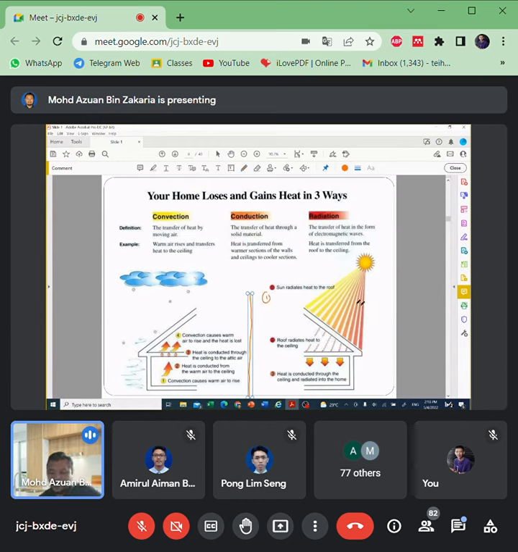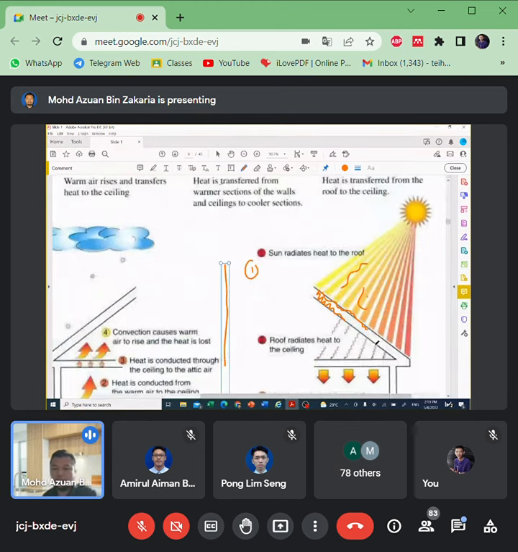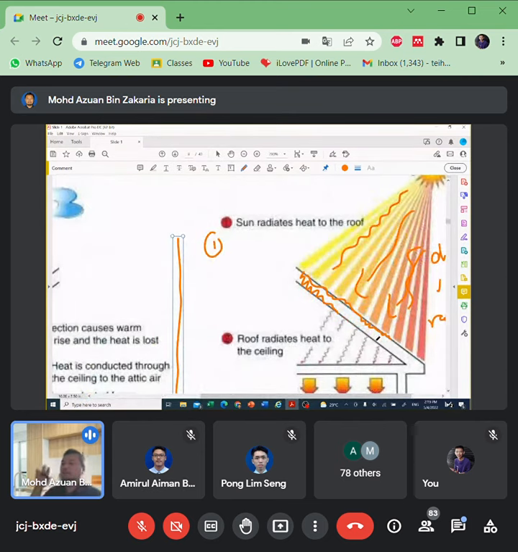Firstly, during daytime, we have hot sunny days. So what happens is the roof receives very hot direct solar radiation. The surface will become hot until a certain time. Normally the roof has several layers or maybe just one layer, which is roof tile.